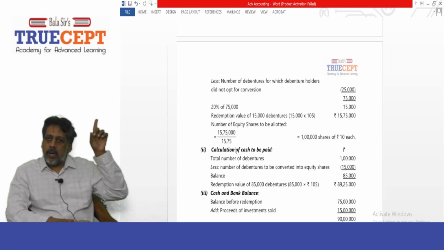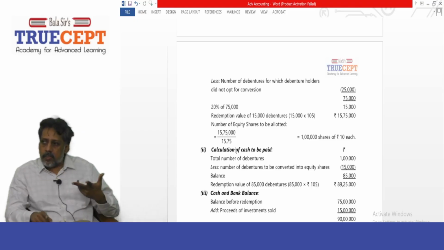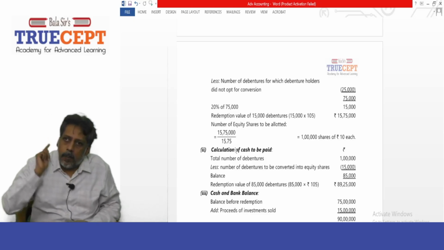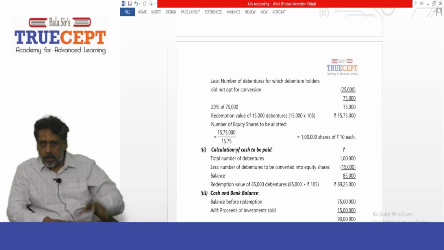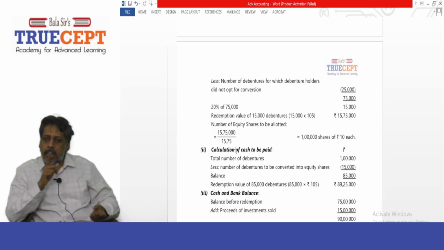That will give you 1 lakh equity shares of rupees 10 each, which will be issued at rupees 5.75 premium. Is that fine? Okay, now listen. So 1 lakh equity shares will be issued, face value 10 each, but 5.75 premium.